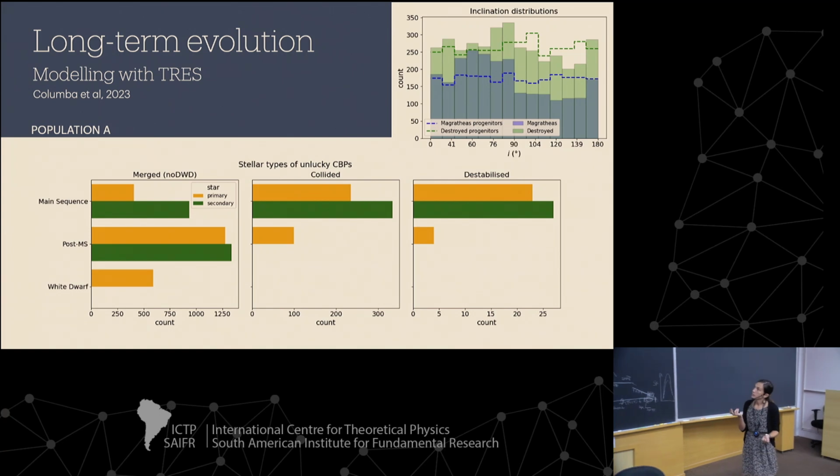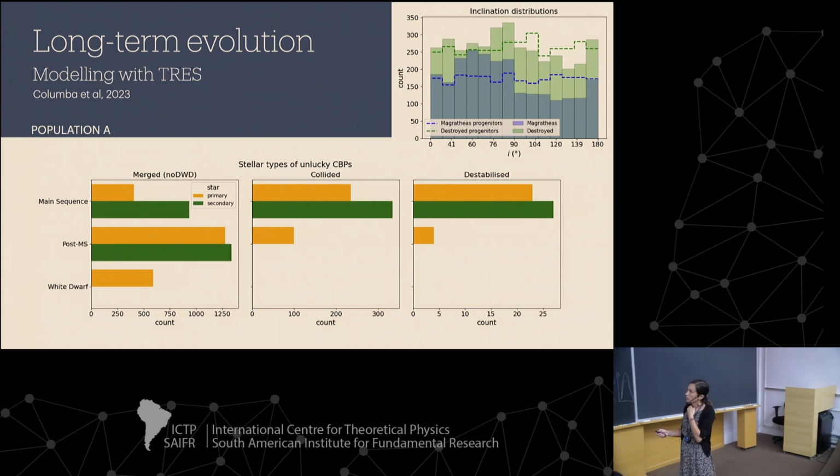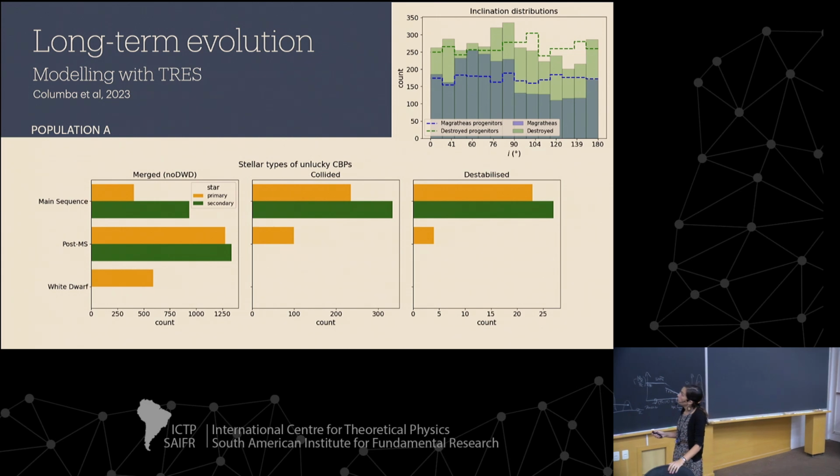But also, again, so many things happen in the life of a binary. So we tried to see when the planetary system was destroyed, when this was happening. We differentiate three phases: the main sequence, where the primary star is yellow and the secondary star is green, then post-main sequence, and then the white dwarf case.